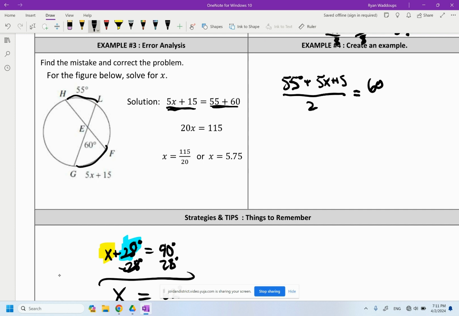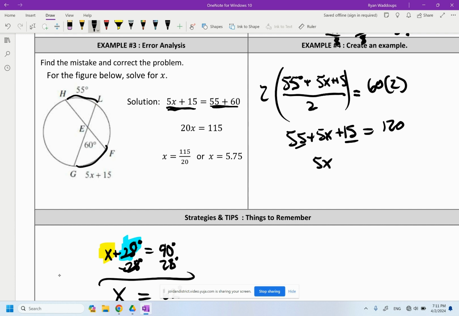So I can get rid of this 2 by multiplying both sides by 2. Then I've got 55 plus 5x plus 15 is equal to 120. Then I can combine like terms. 55 plus 15 gives me 70, so I've got 5x plus 70 equals 120.